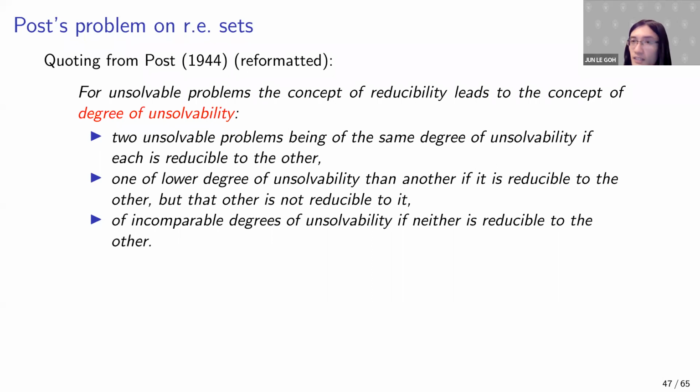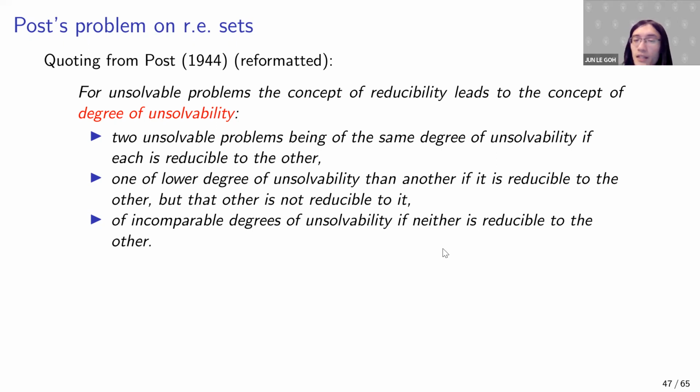There is a third scenario, which is a priori possible within such a framework. You might have problems with incomparable degrees of unsolvability. What that means is that you have two problems, both of them unsolvable, and neither of them is reducible to the other.